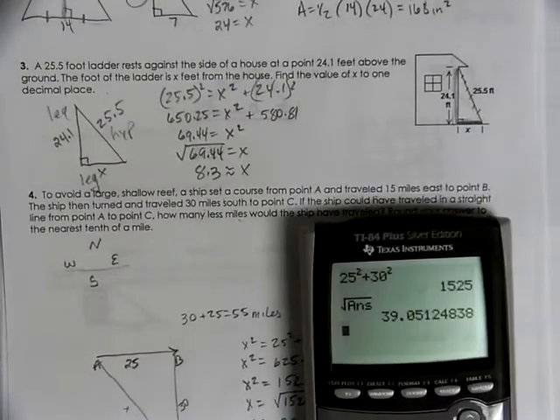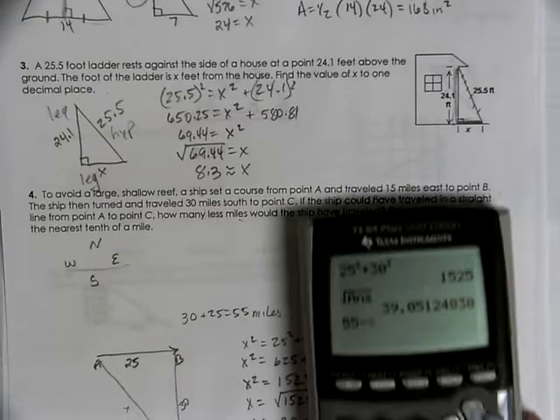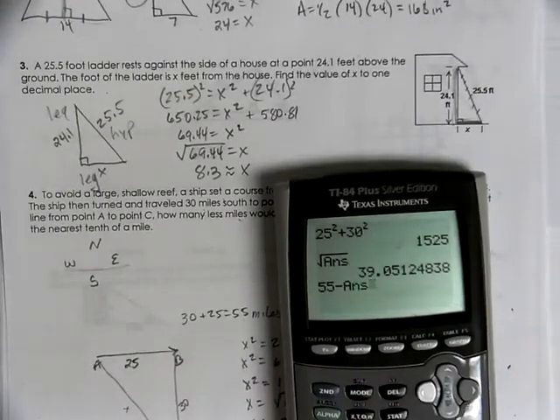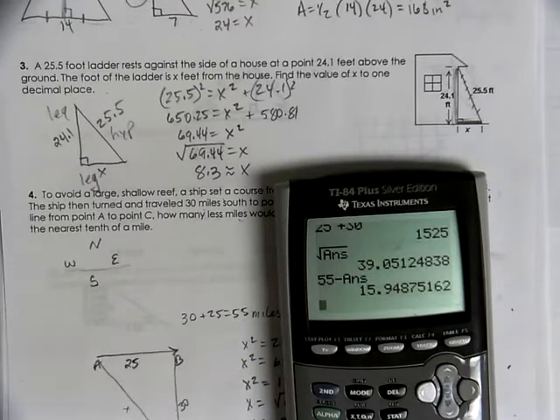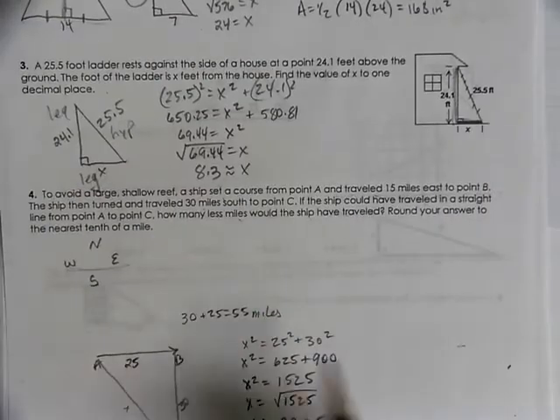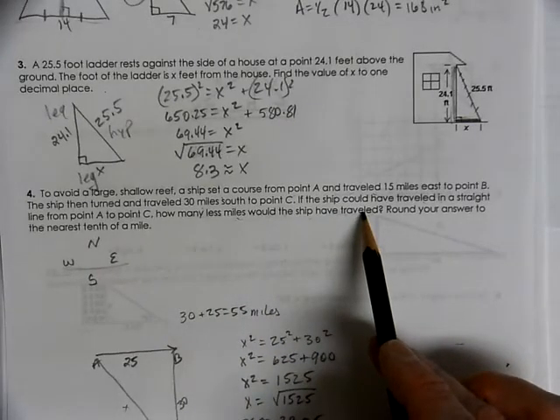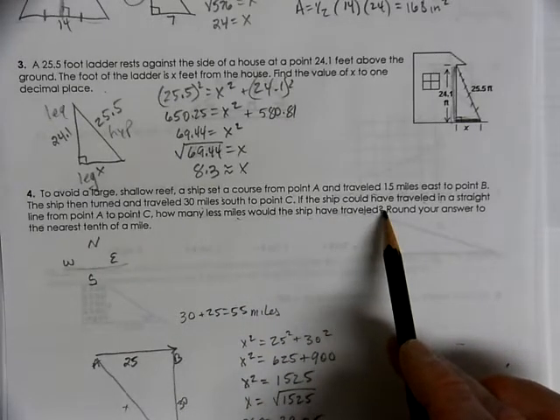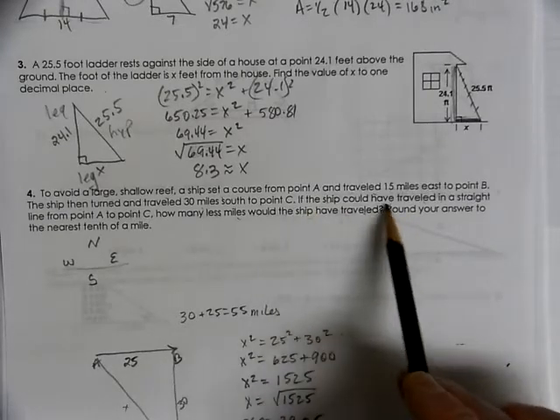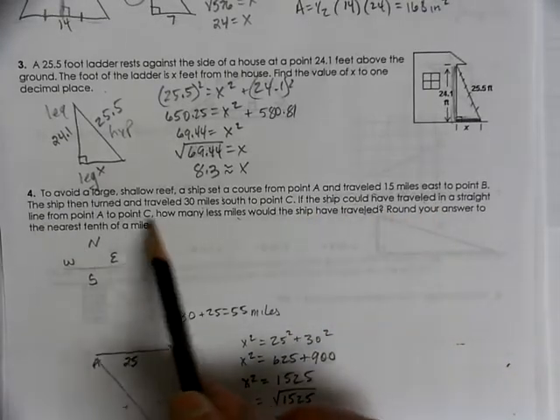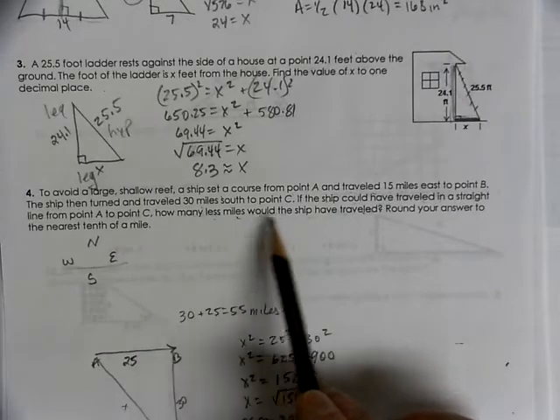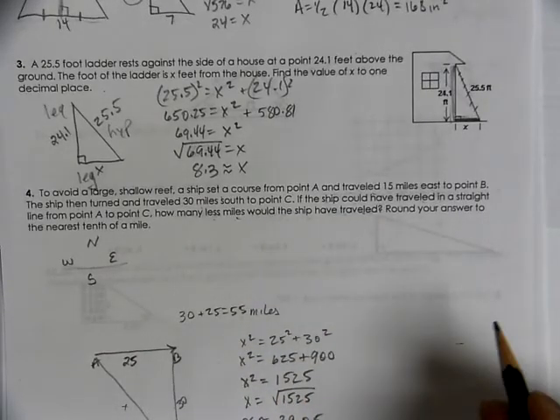And we want to do 55 minus those miles. So it's 15.9 miles longer. How many miles would the ship have traveled if the ship could have traveled in a straight line? How many less miles would the ship have traveled?